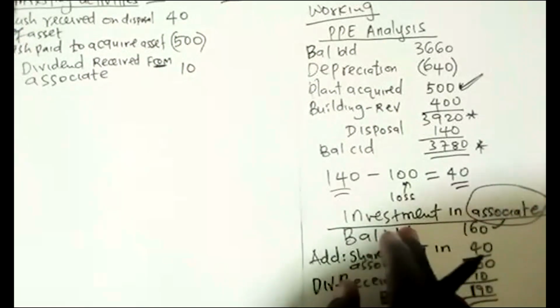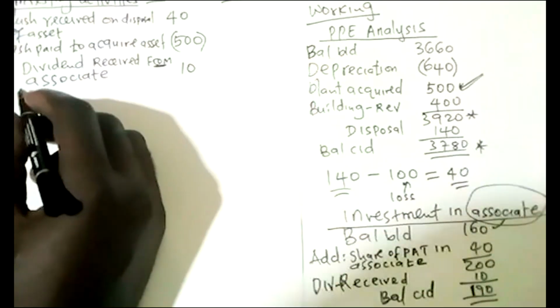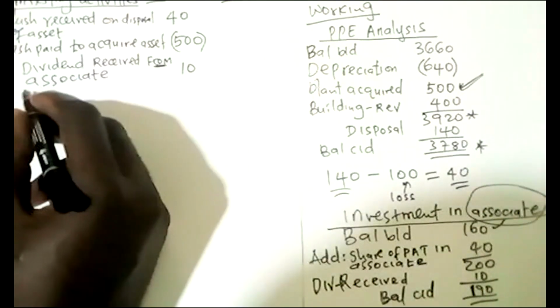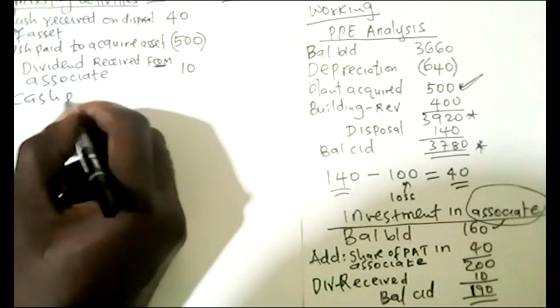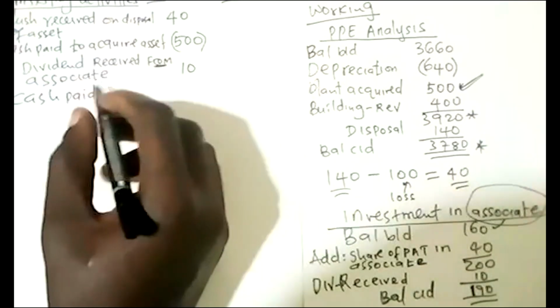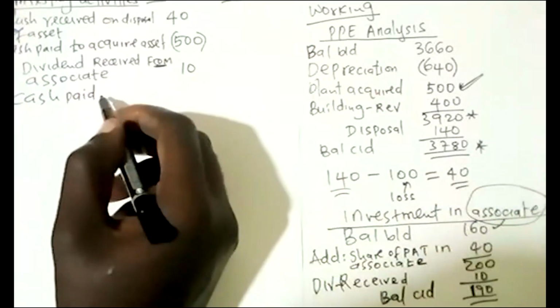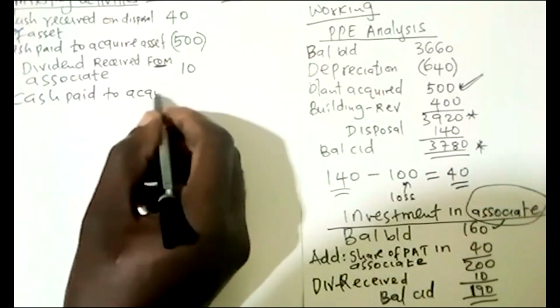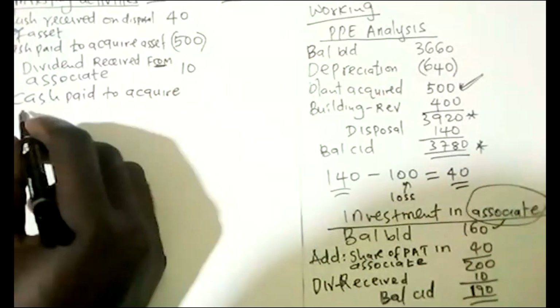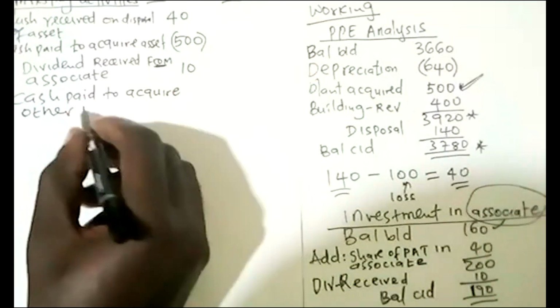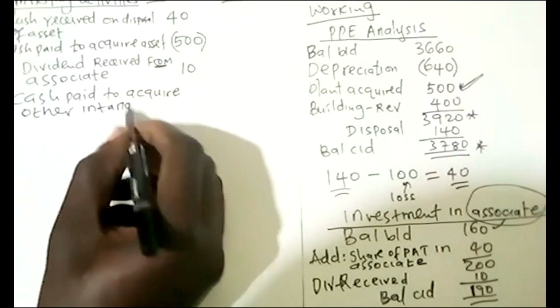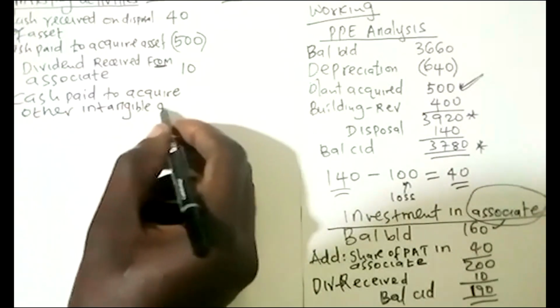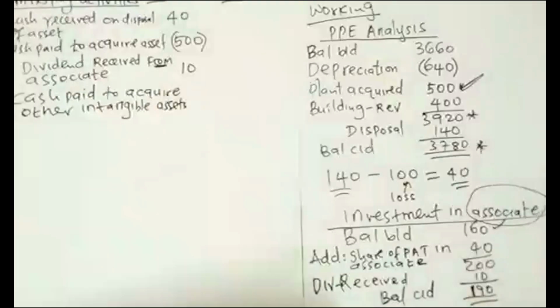Then there was another intangible asset which was acquired. So cash paid, that is what I forgot to record up there, but it's okay even if you record at this point. Cash paid to acquire other intangible assets.